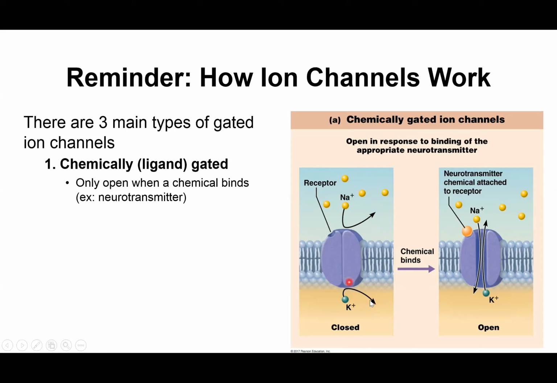Potassium can't leave, sodium cannot come in. However, when a neurotransmitter binds to its receptor site on this channel, then the gates open and sodium is free to come in and potassium is free to leave. So that's just a reminder of chemically gated channels.